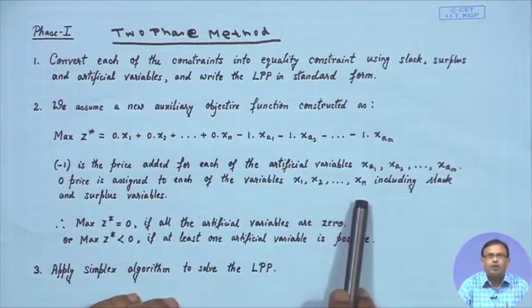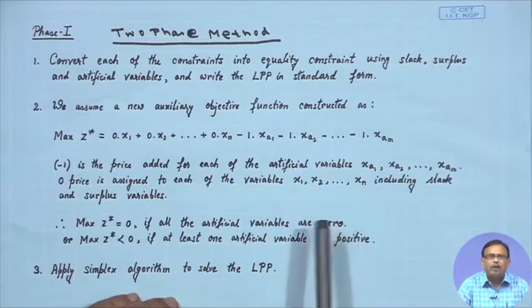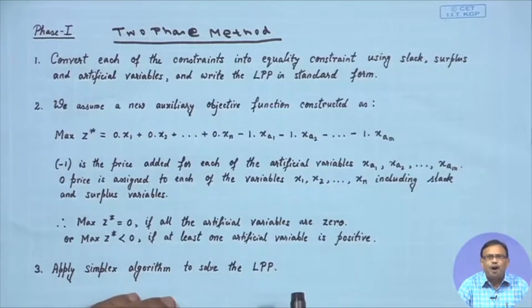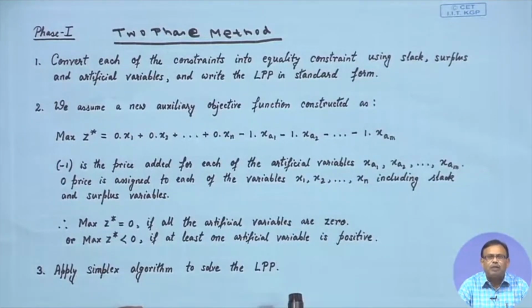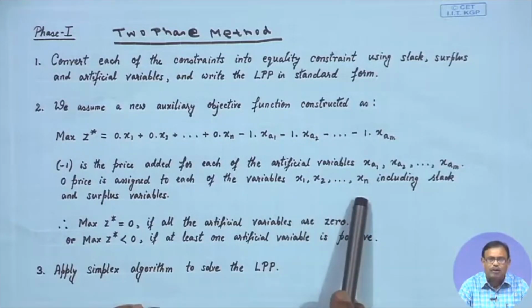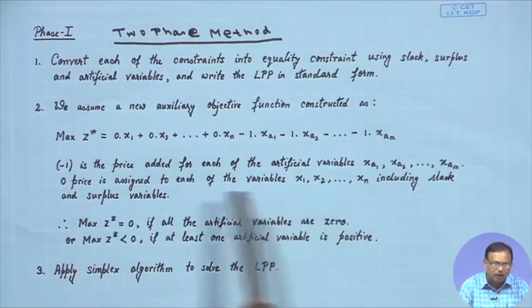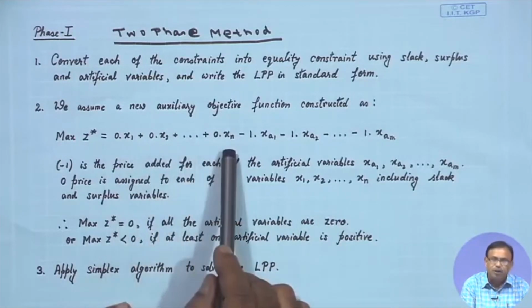This x1, x2, xn contains the decision variables as well as slack and surplus variables. So, please note this one. If I have the decision variables and slack and surplus variables as n variables, then for those n variables x1, x2, xn, the coefficients in the auxiliary objective function we are giving as 0.